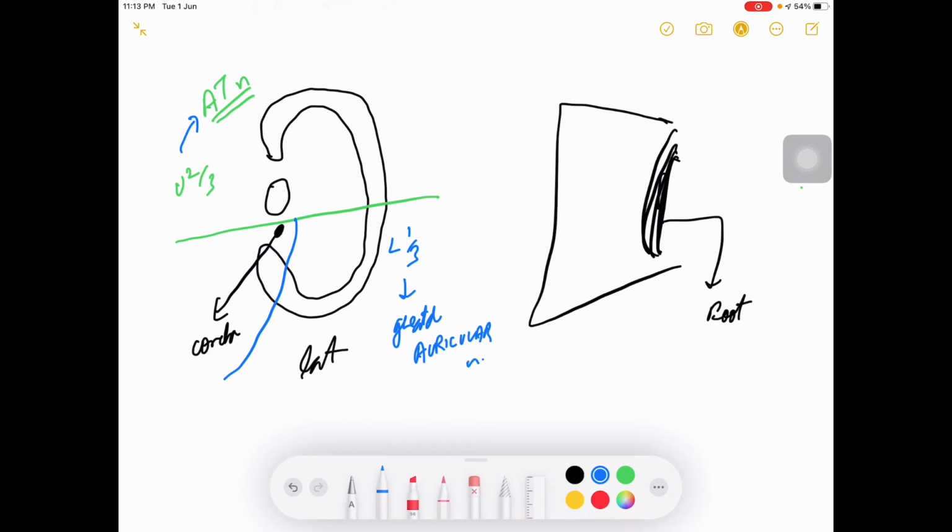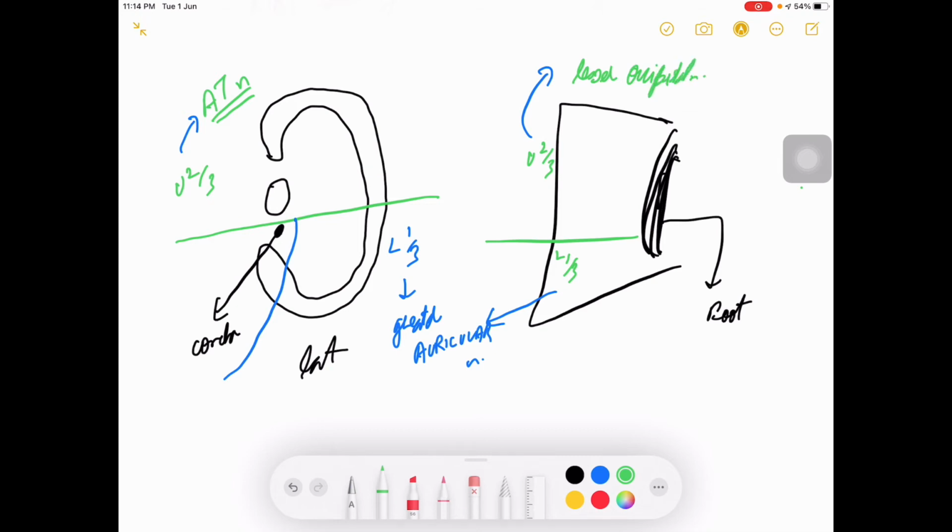Now coming on to the back side. At the back side we'll again divide it into upper 2/3 and lower 1/3. The lower 1/3 will be supplied by the greater auricular nerve in the medial aspect, whereas the upper 2/3 will be supplied by the lesser occipital nerve medially.